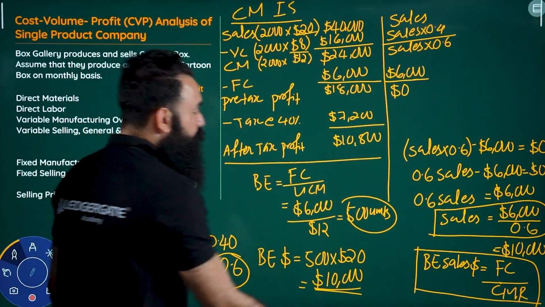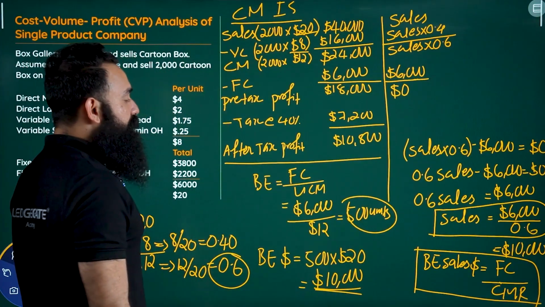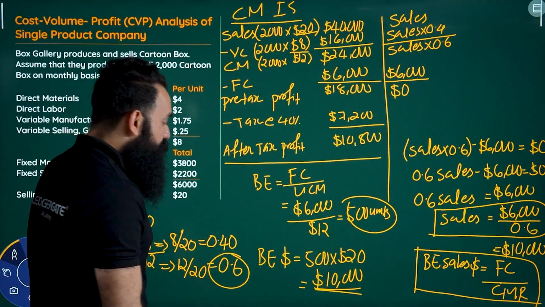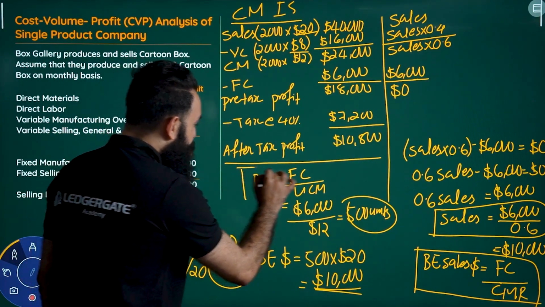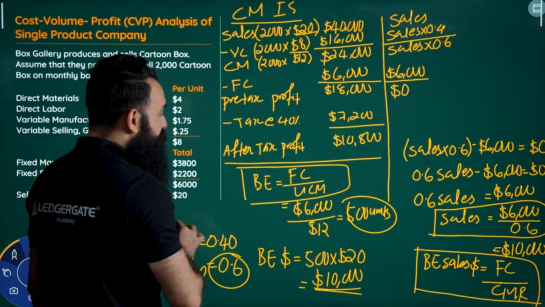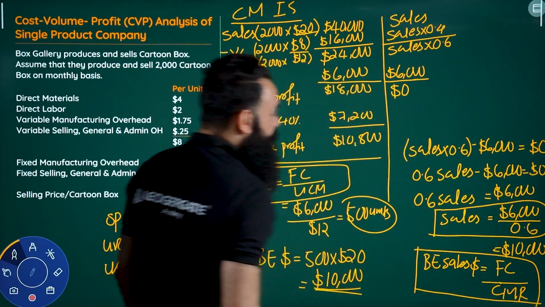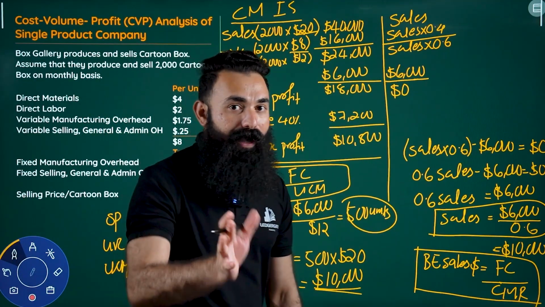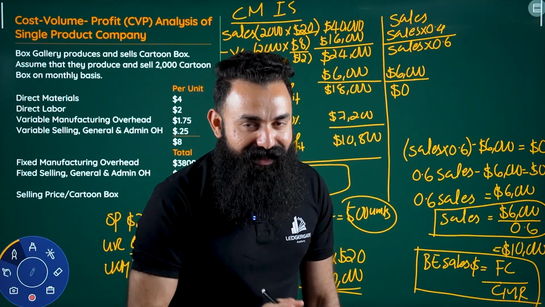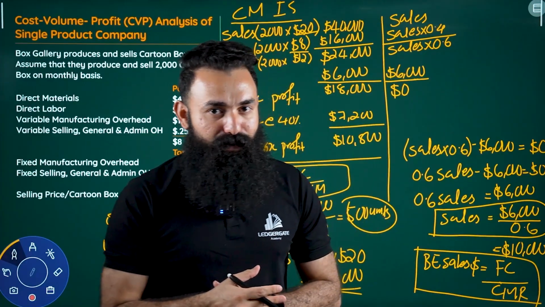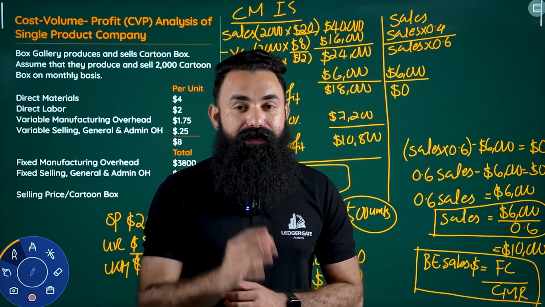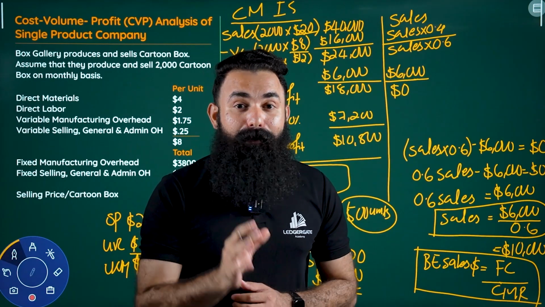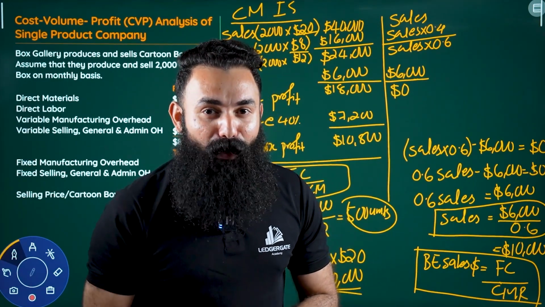So this is how we calculate break-even sales values. This is the formula to calculate break-even sales units, and this is the formula to calculate break-even sales value. So instead of memorizing the formulas from the textbook by heart, you can apply in this manner as well in order to develop break-even analysis. This is the break-even analysis of a single product company.